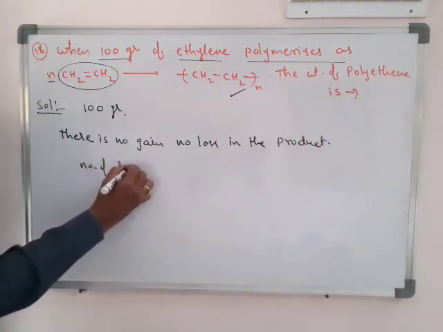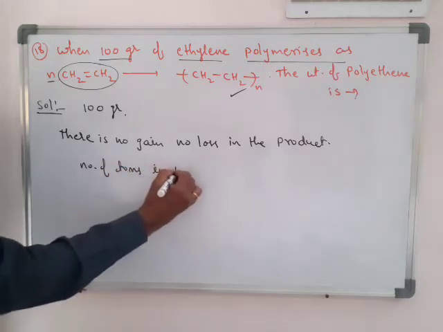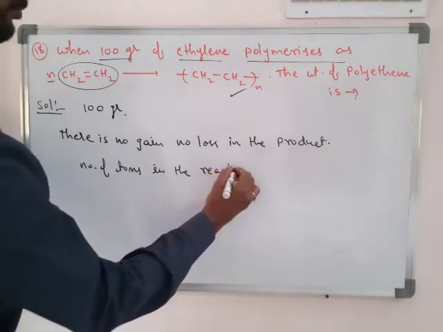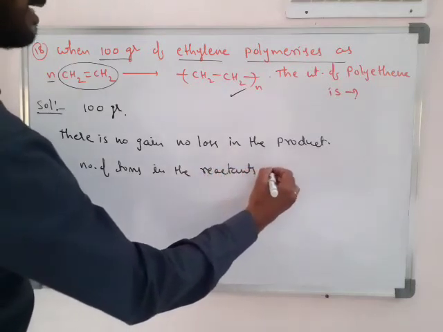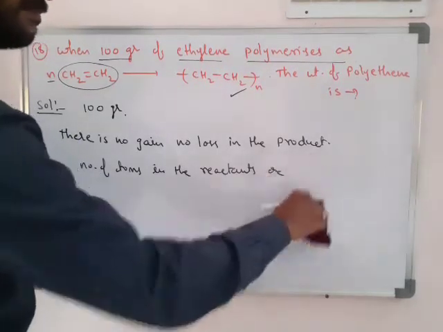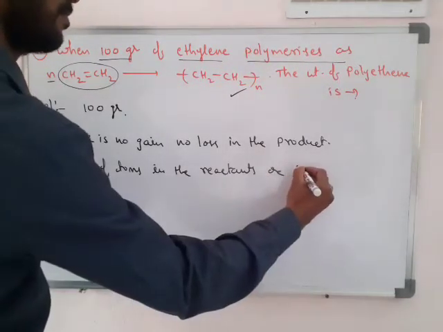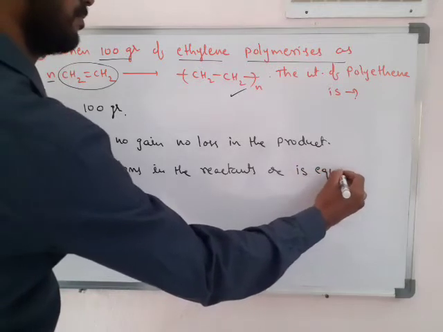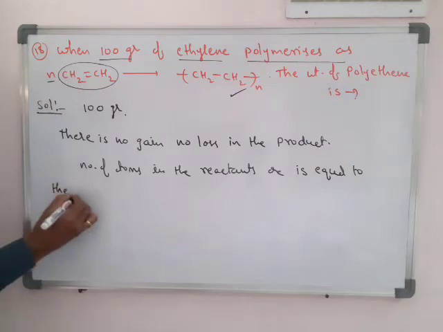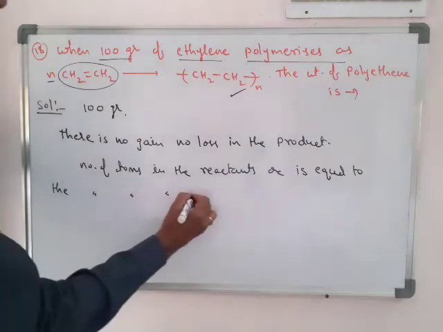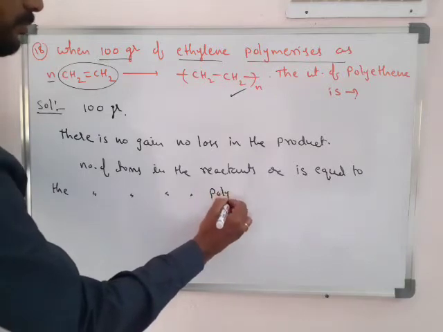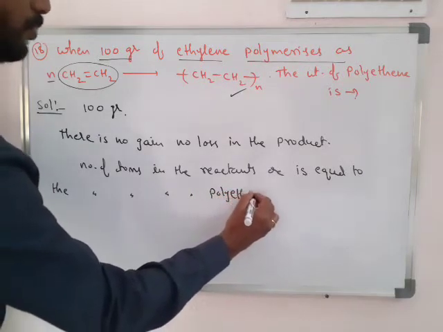The number of atoms in the reactants is equal to the number of atoms in the polythene.